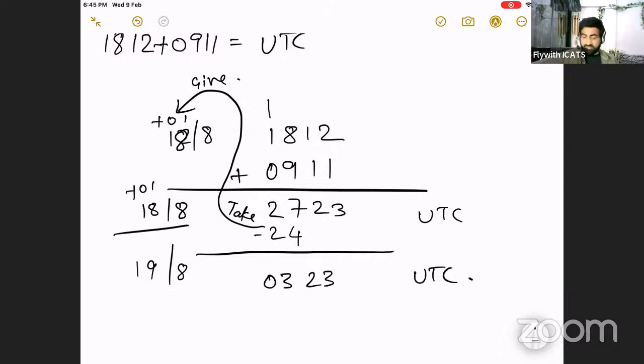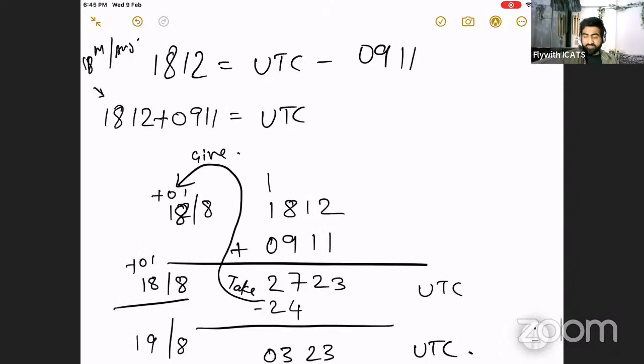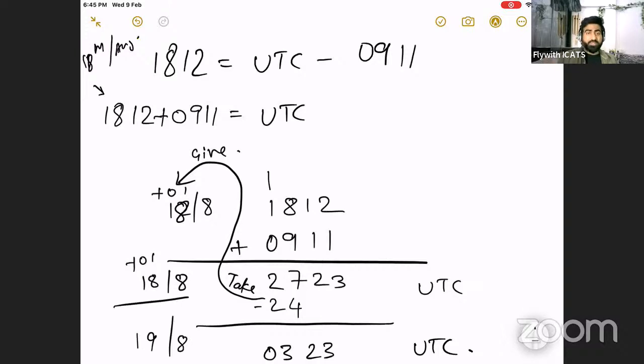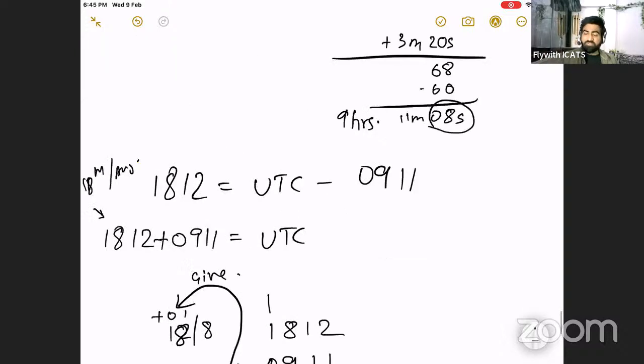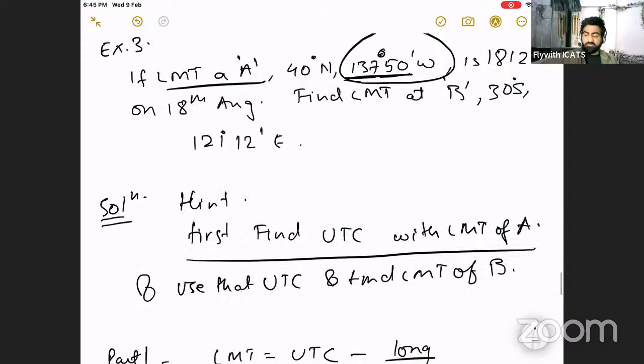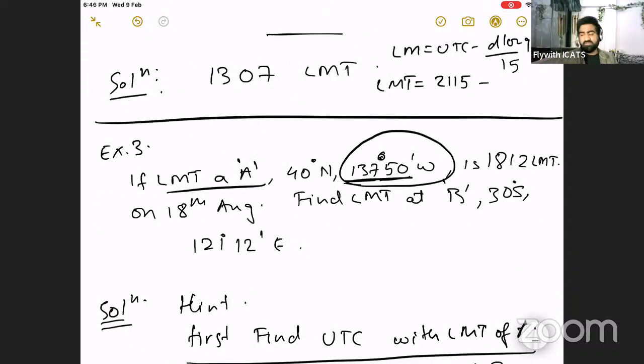So my UTC is 3 hours 23 minutes on the 19th of August, when the LMT is 1812 on 18th of August at this particular place on a meridian of 137 degrees 50 minutes. I know it looks lengthy, but it is foolproof. It gives you the satisfaction of coming up with the correct answer.